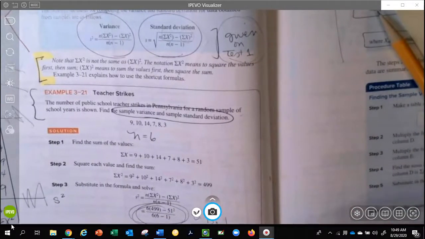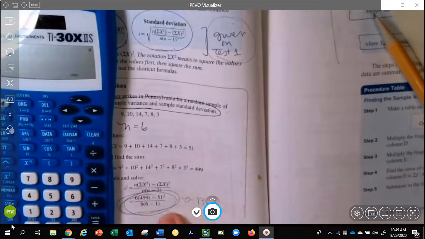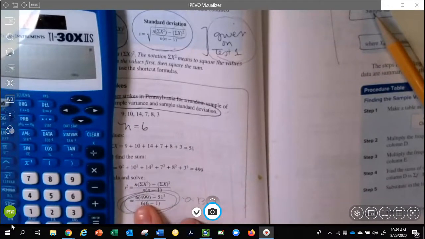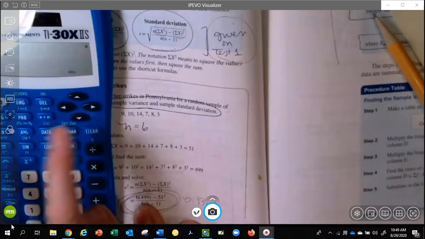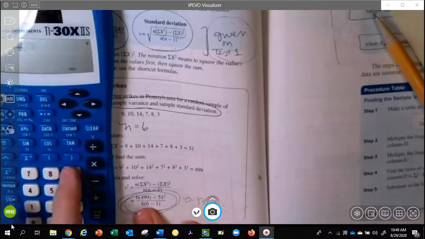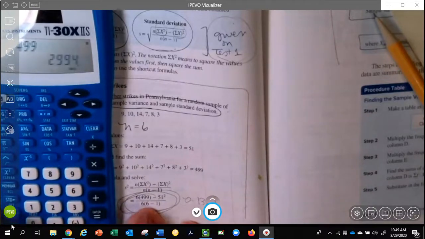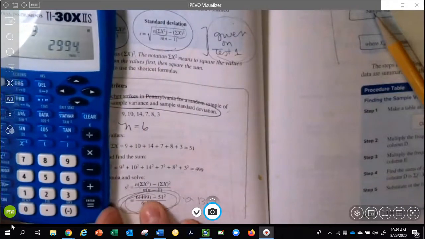Sometimes the punching is what messes people up. So I'm going to treat my calculator as if it's dumb, because it is pretty dumb. I'm going to hit clear several times. That's always a good practice. I'm going to do 6 times 499, and I'm going to hit equals, just because I want to make sure my calculator hears me, that needs to happen first.